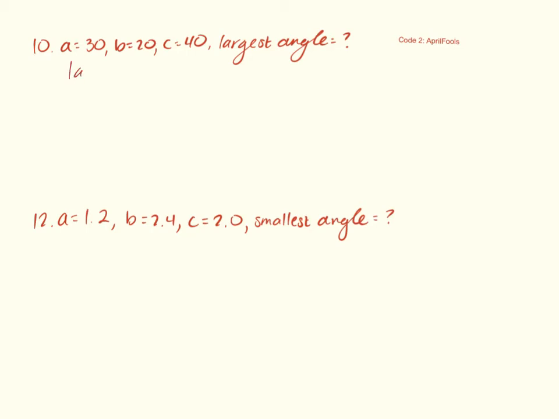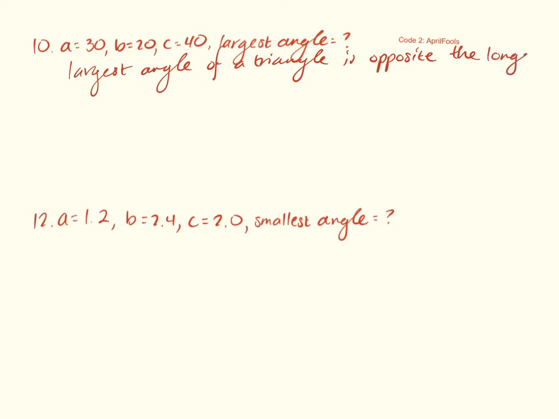A commonly known idea is that the largest angle of a triangle is opposite the longest side, or largest side. So of the 3 lengths given to us, C is the largest. So that tells me that angle C is the largest angle.